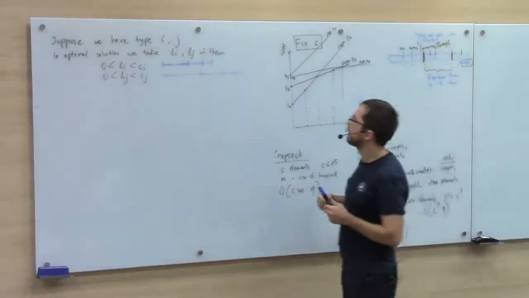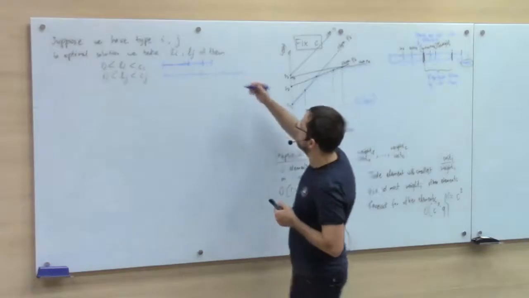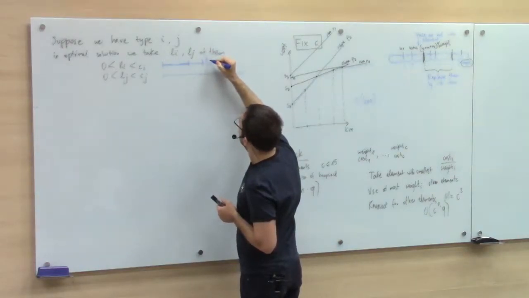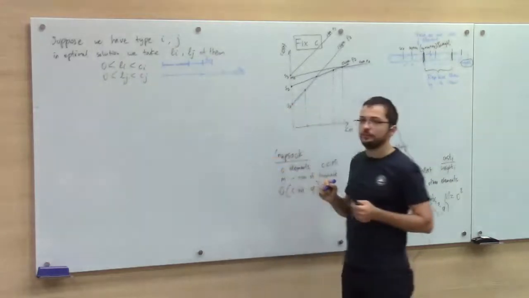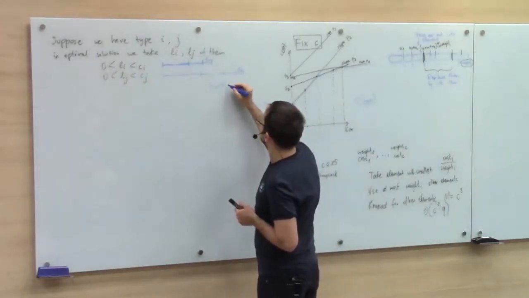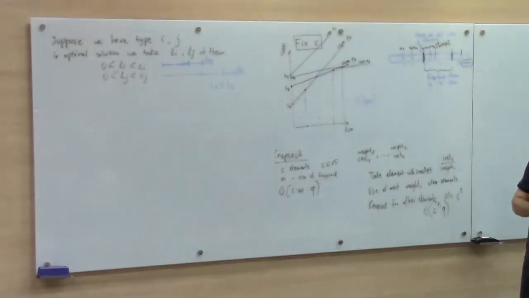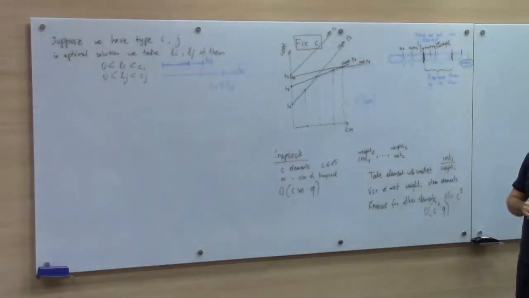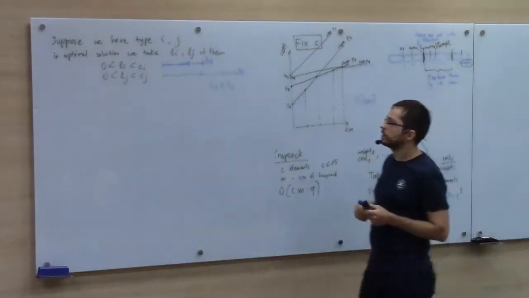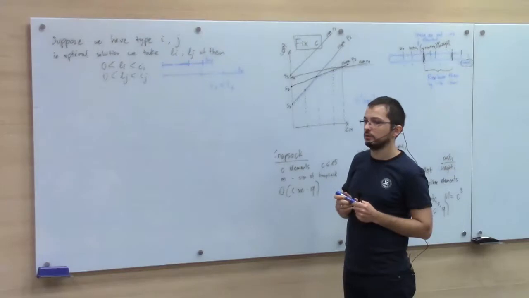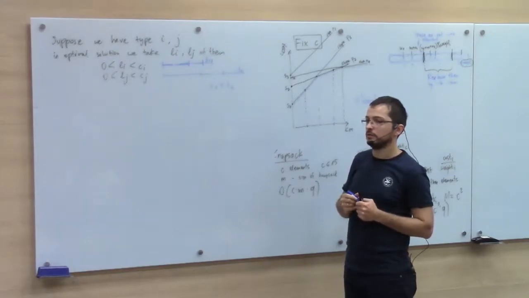So let's say that this last element takes us time t1, and this element takes us time t2, and let's suppose that t1 is not greater than t2. So what element can we swap? Exactly.